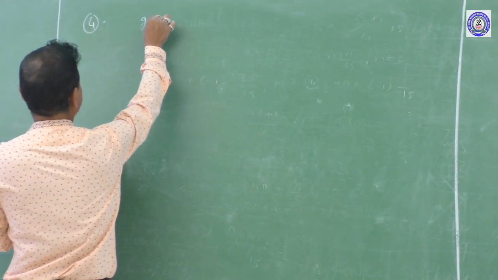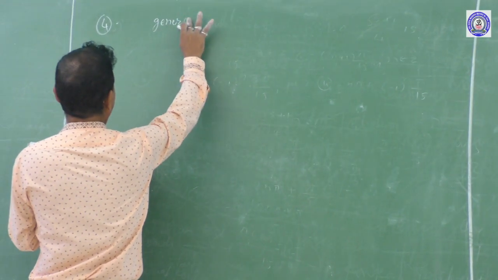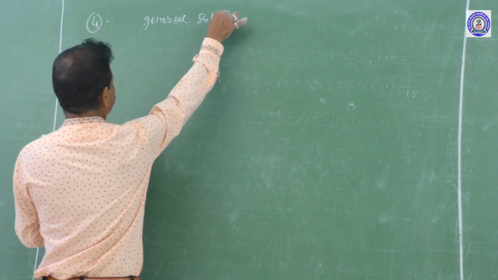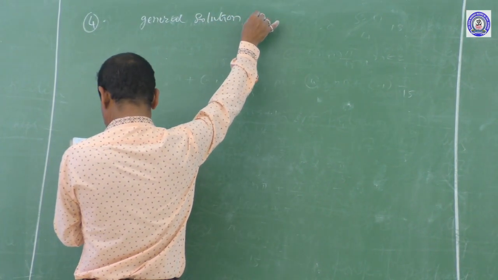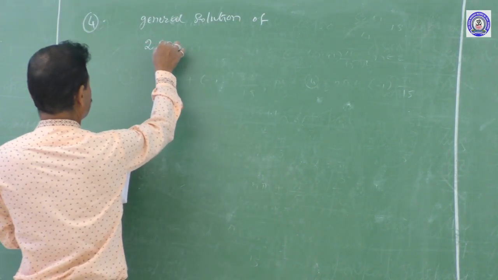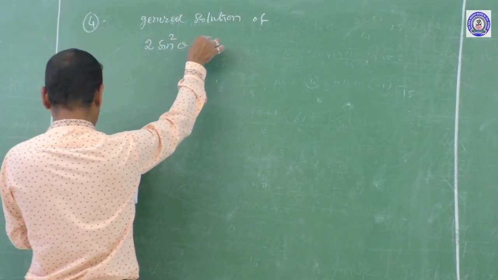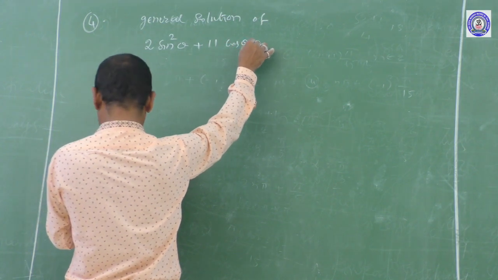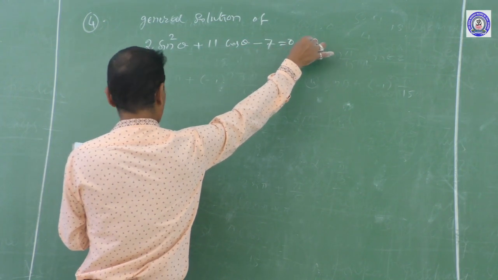General solution of 2 sin square theta plus 11 cos theta minus 7 is equal to 0.